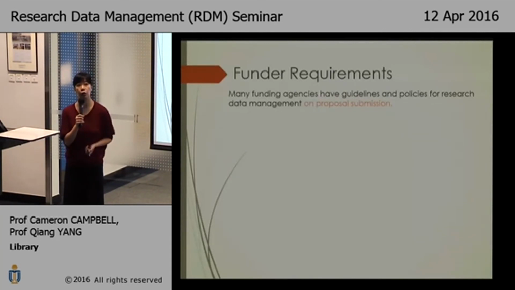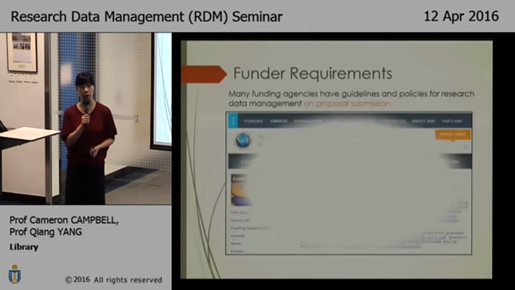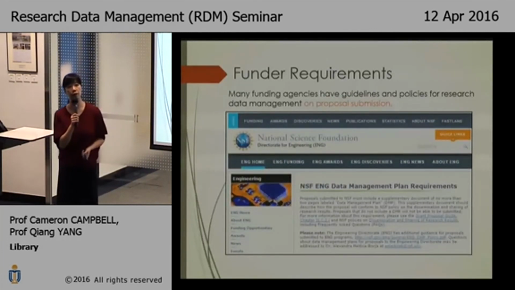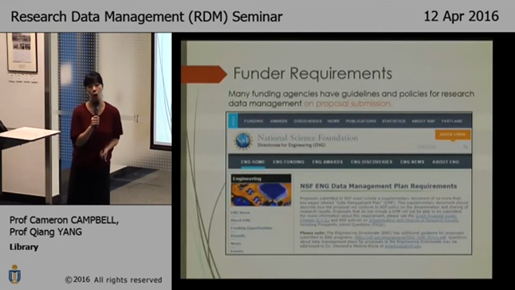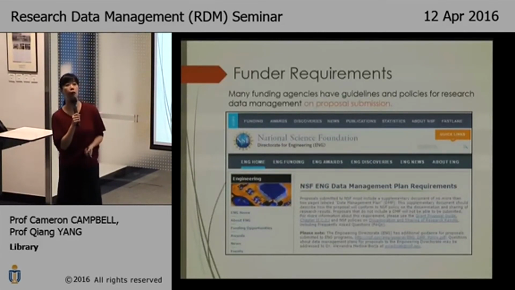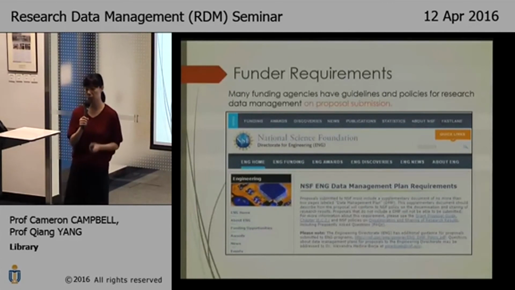So many funding agencies have guidelines and policies for research data management during the proposal submission stage, which is a very early stage. For example, the National Science Foundation, NSF in the USA, mentions on its webpage the data management plan requirements.